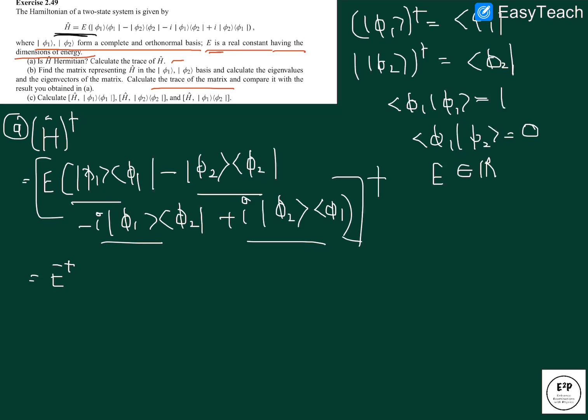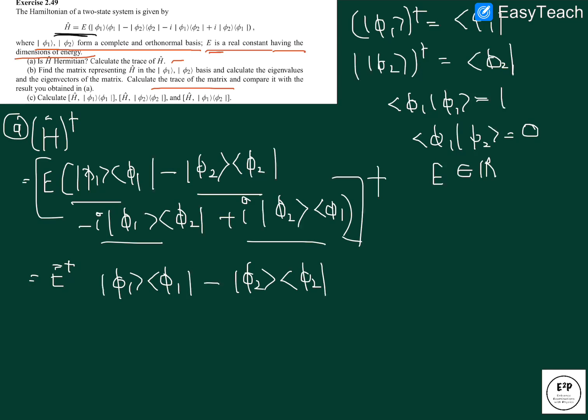Once we calculate those daggers, I am refraining from going into each step of the calculation, so I will directly write the result that we get from the dagger: phi 1 minus phi 2.